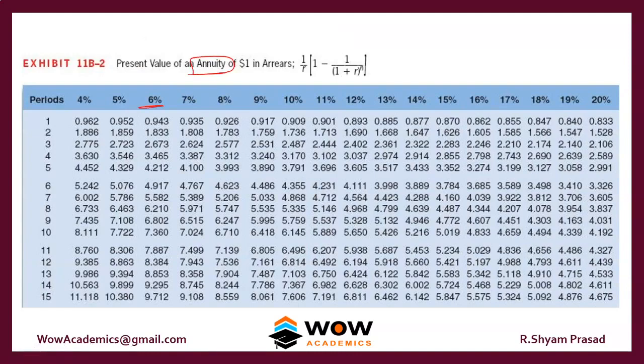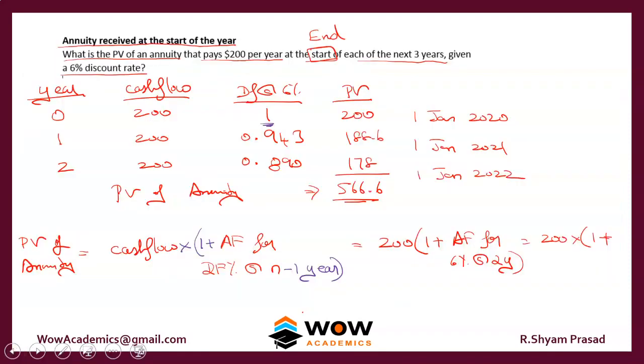For 6% for 2 years, it is 1.833. So our number will become 200 into 2.833. So our answer will be 566.6. If you see, this answer is similar to the earlier answer, but this is a shorter approach.